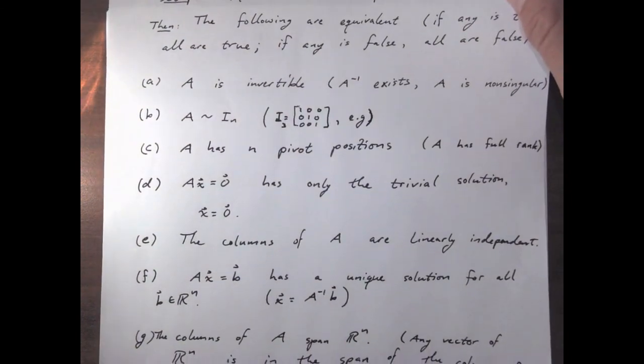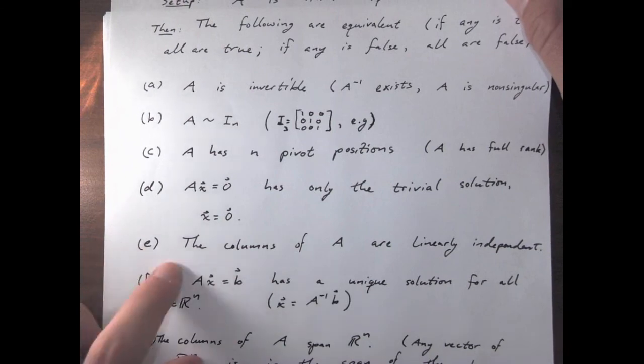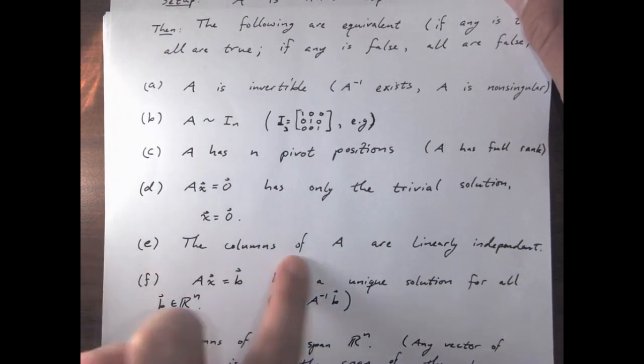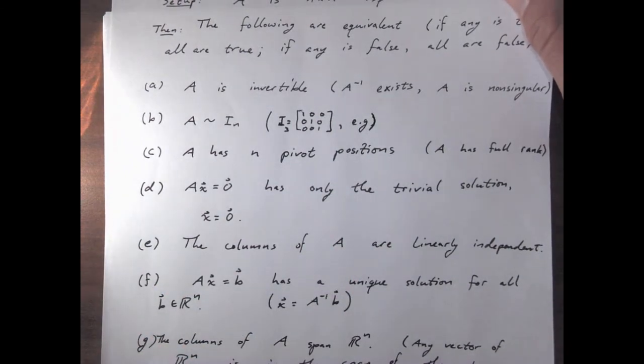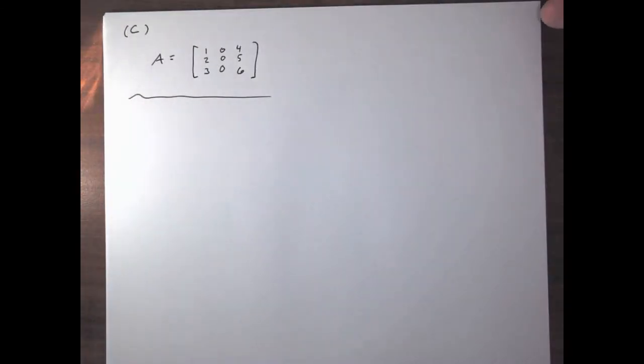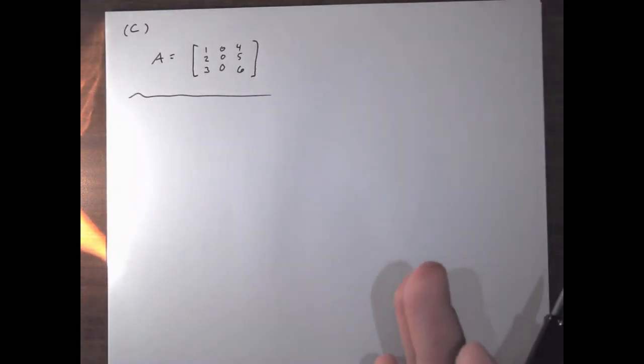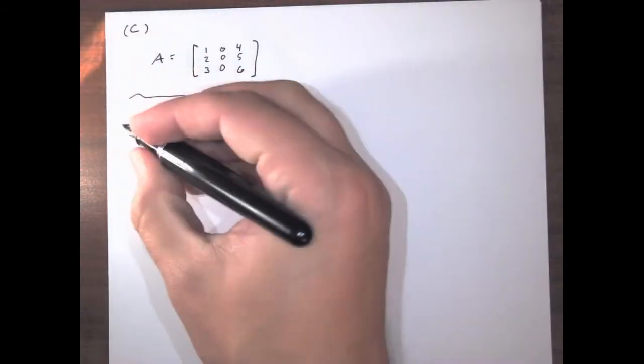So the first mention of columns here is part E. The columns are supposed to be linearly independent in order to have an invertible matrix. Here we've got a column of all zeros. If you've got a zero vector in your set, then that actually is a case closed matter of linear dependence.